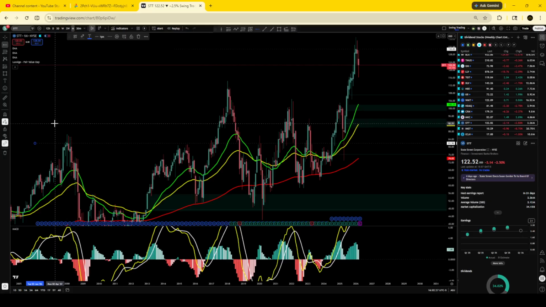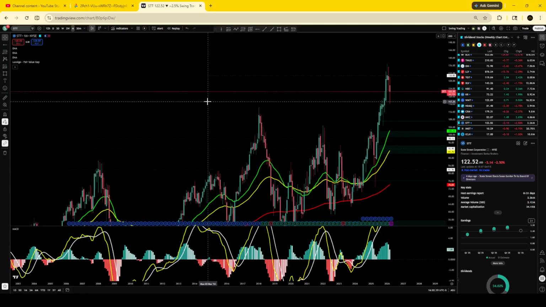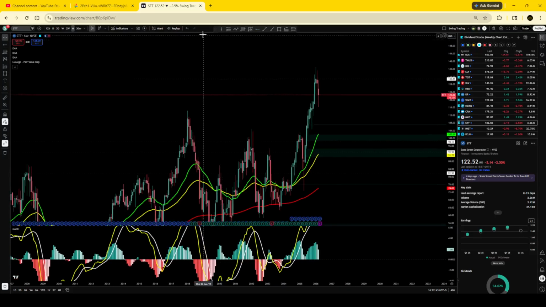And also, price likes to hang out right there. And I like this one as well. Let me add another one, because I see a lot of wicks right here. Yep, there it is. So that's for the monthly.